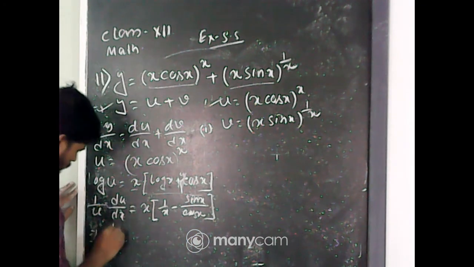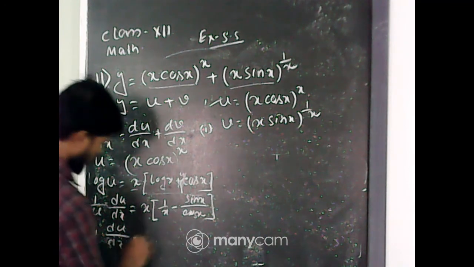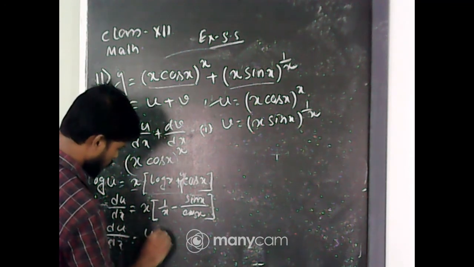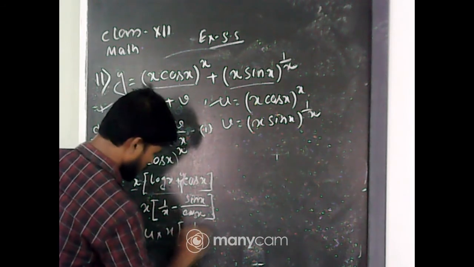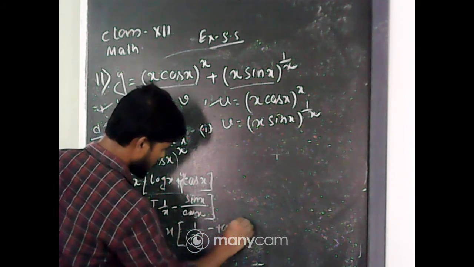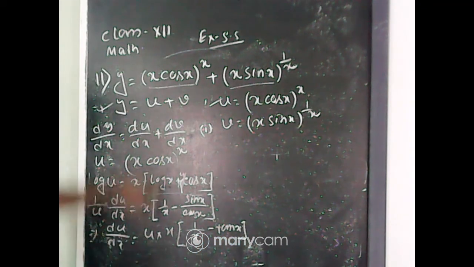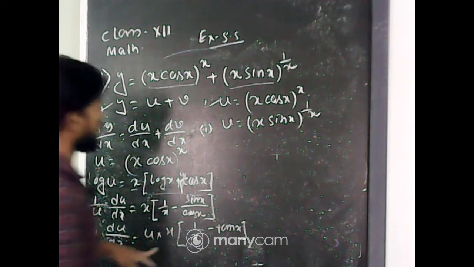That means du/dx is equal to u into (1 by x minus tan x)... Now put the value of u as (x cos x) to the power x.